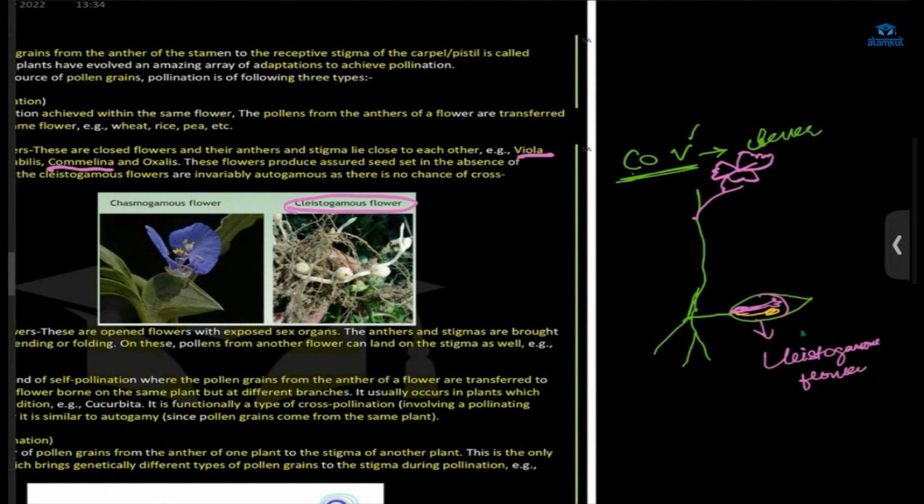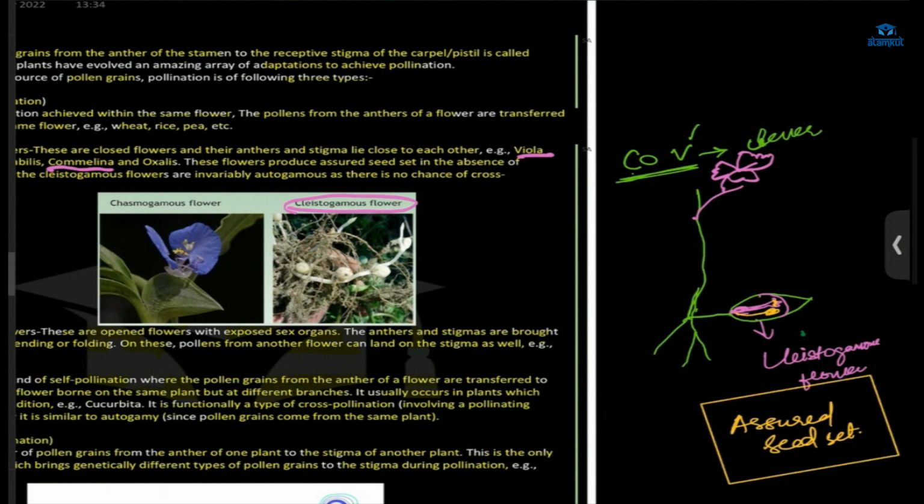So pollination will be between these two only, self pollination. There is no chance for other pollen grains to come in or for the pollen to go to another flower. That's why this produces assured seed set. Even in the absence of favorable conditions, this plant will survive and keep on reproducing.